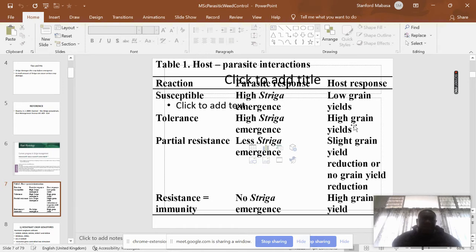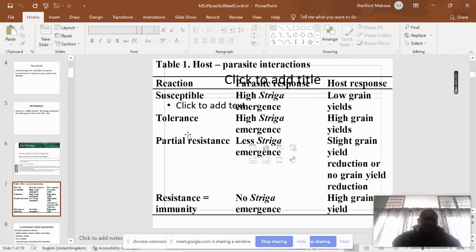Even the susceptible varieties can also promote high striga seed banks because both support high striga emergence. But with partial resistance, we have less striga emergence and slight grain yield reduction or no grain yield reduction.